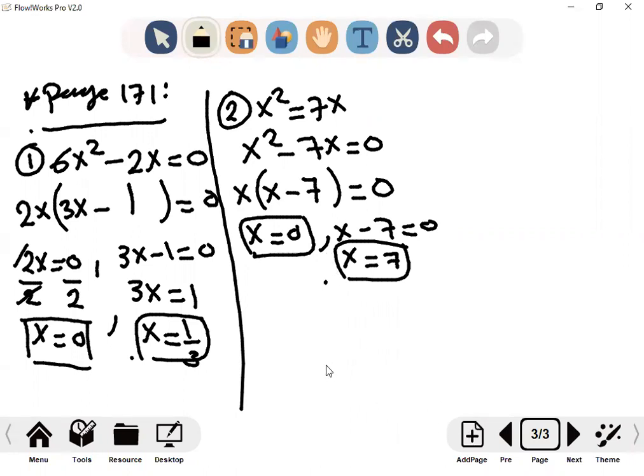Question 3. 20x power 2 equals negative 25x.